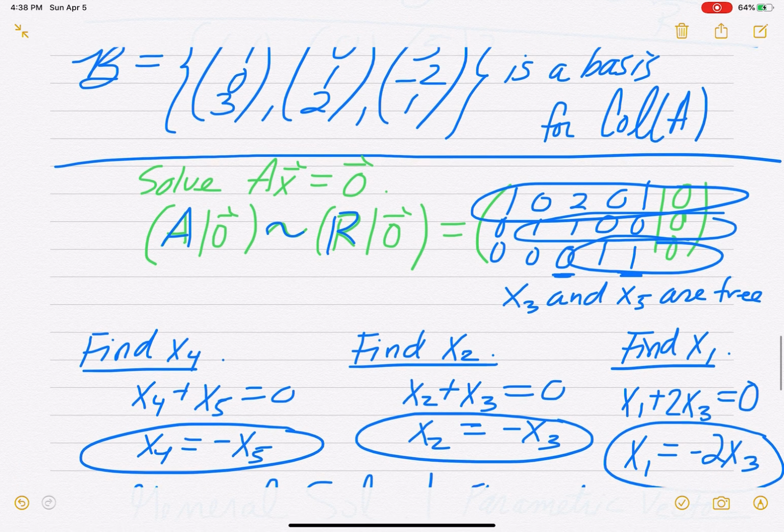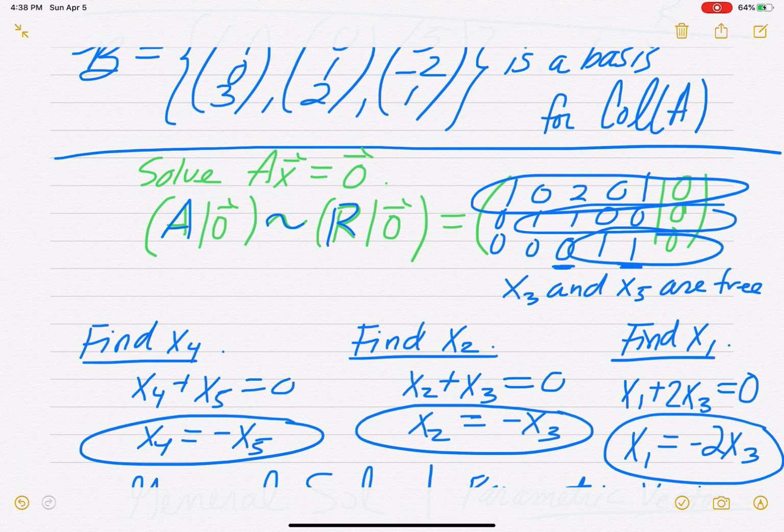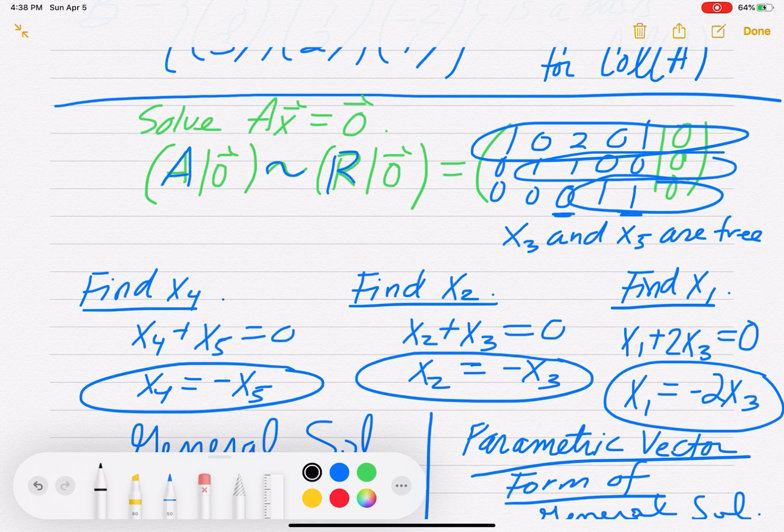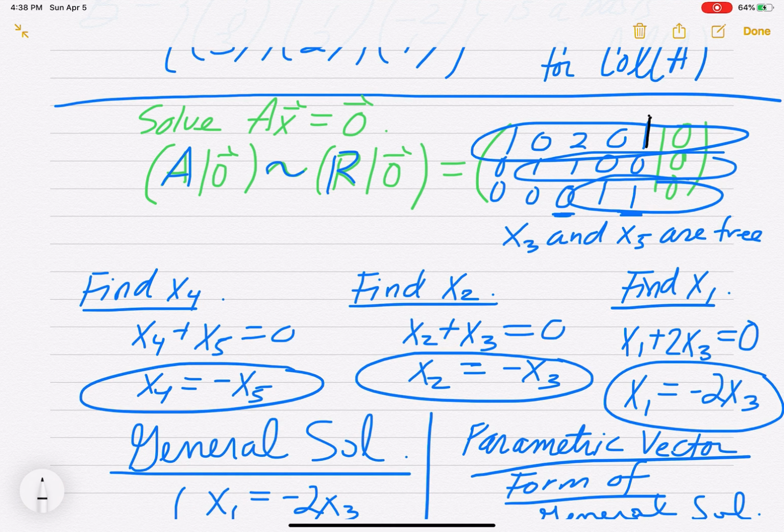Ooh. I missed something. Didn't I miss something? Totally missed something. So back here, I didn't see that 1. That 1 right there, that should have been like a 1x5, right? So I should have had an x5 in there. So when I would solve that, that x5, I would have minus x5.